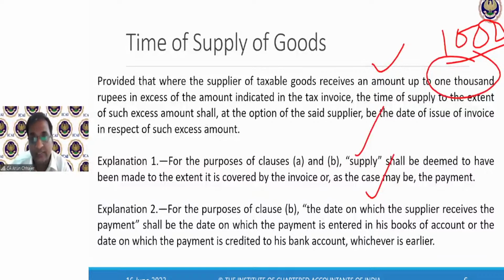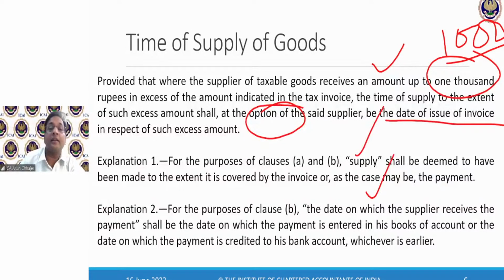The proviso says if the supplier receives the advance up to rupees 1000, then it is a choice. It is the option available with the supplier. Either he can pay the tax on advance or he can pay the tax in the next invoice in respect of such excess amount. What is the example?